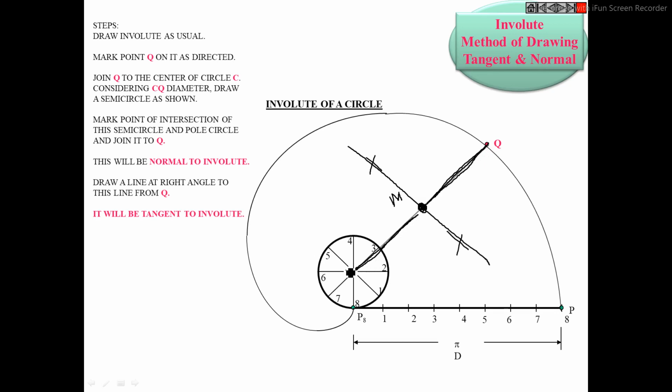Both the lengths will be the same. Keep one leg of your compass at point M and radius equal to either MQ or CM. Just draw a semicircle like this. Clear?